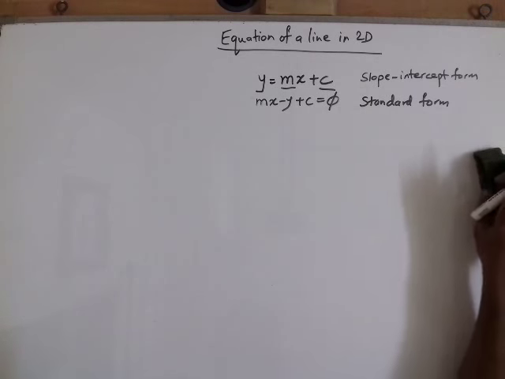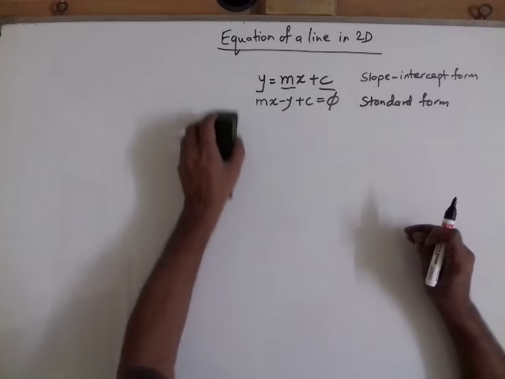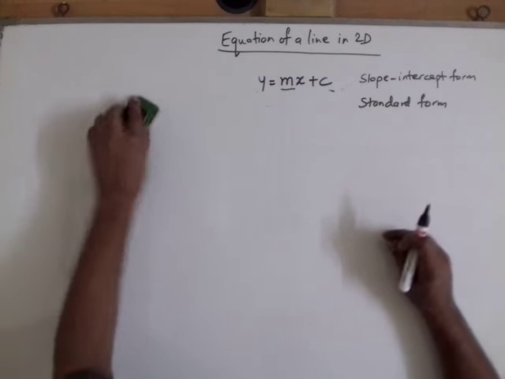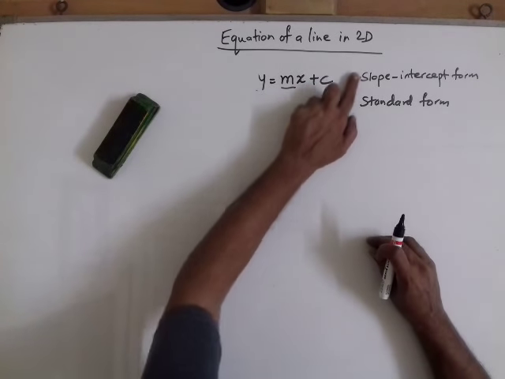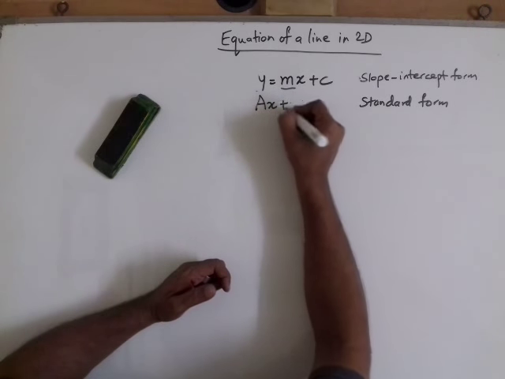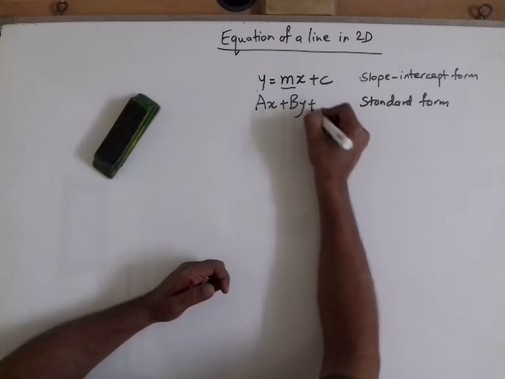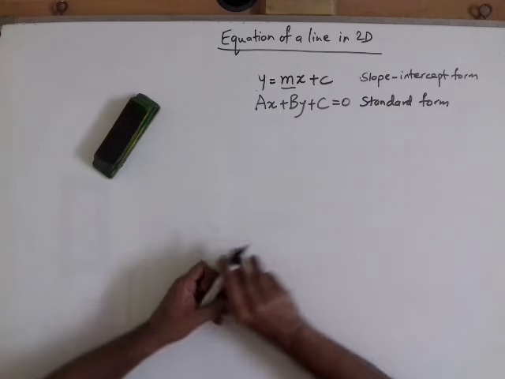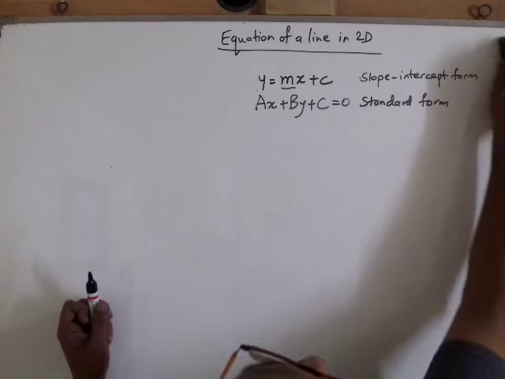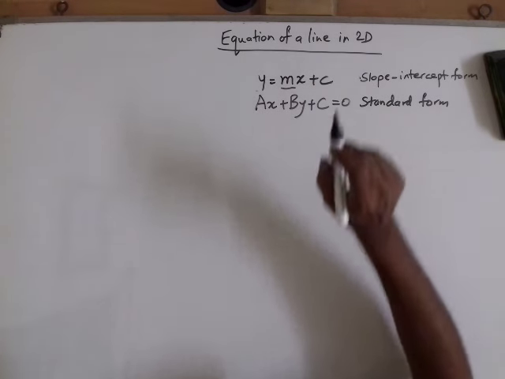Now the standard form, instead of writing it as a converted form of the slope intercept form, is ax plus by plus c equal to 0. Now I am going to remove the slope intercept form because, let me leave it there. We are done with it actually.